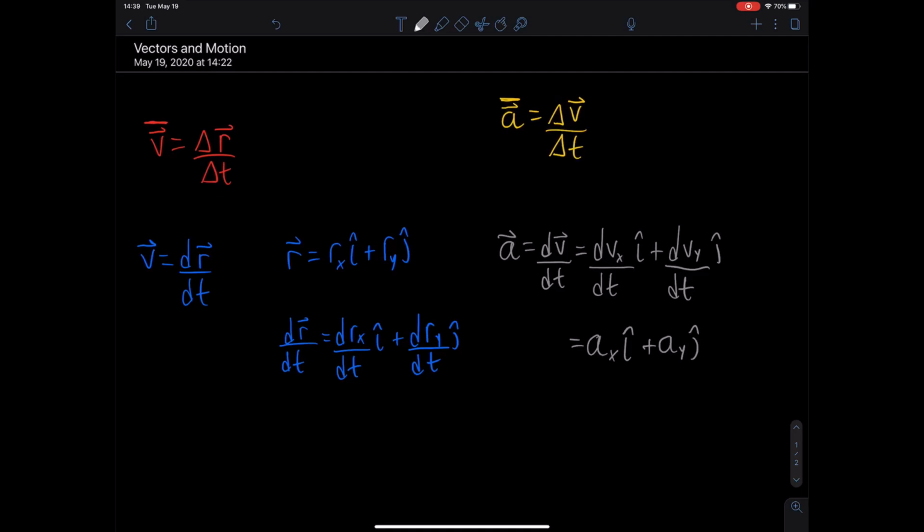So all of our vectors we can represent component-wise. We could expand the change in velocity vector: it would be the difference of your velocities in the x direction and the difference of your velocities in the y direction at two different points in time. We can always represent a vector in its component form if we have enough information, and it's always useful to do so.